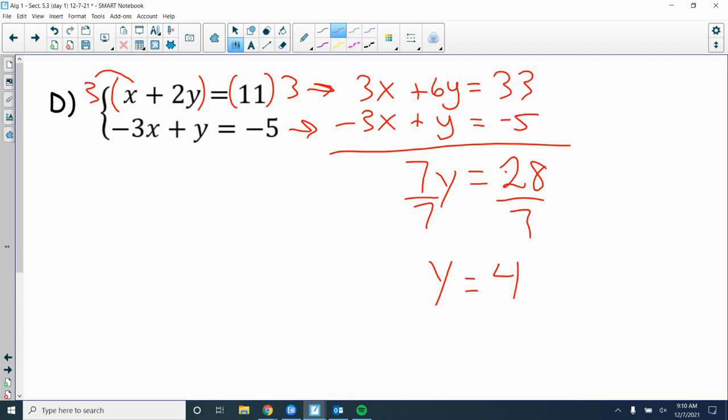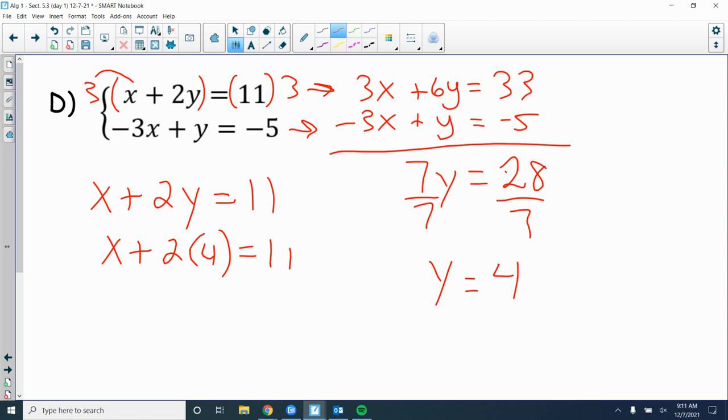It really doesn't matter which one you want to plug in to get x. Griffin, go. Now, guys, I would go over here, right? Look at both equations over here. Which one you want to do? Doesn't matter. The first one. Okay? So instead of y, what are we plugging in, guys? 4. 2 times y means 2 times 4 because that's what y is.